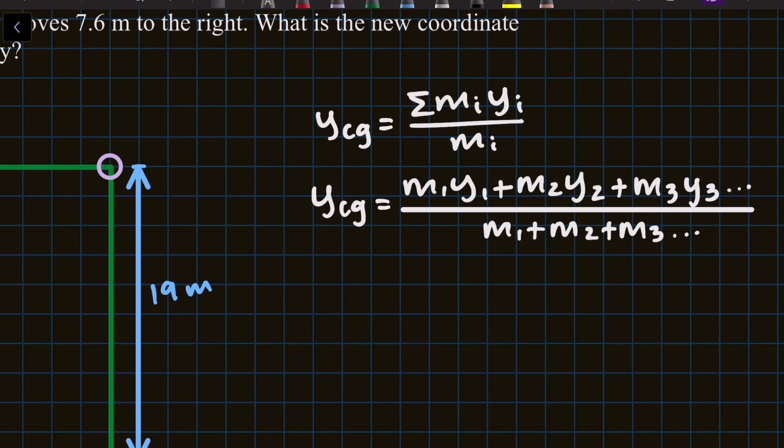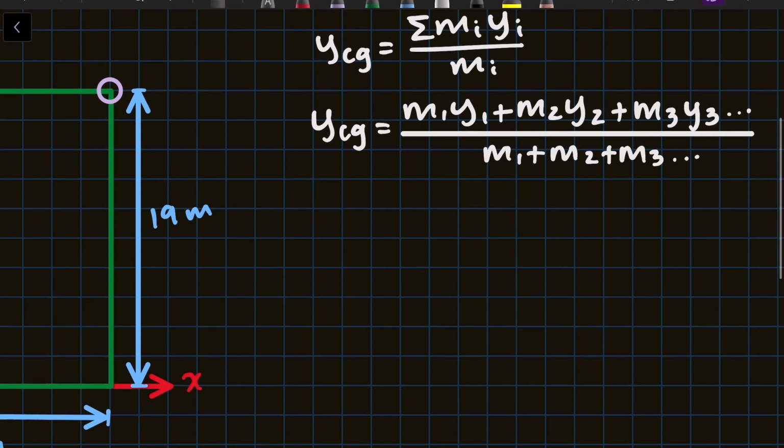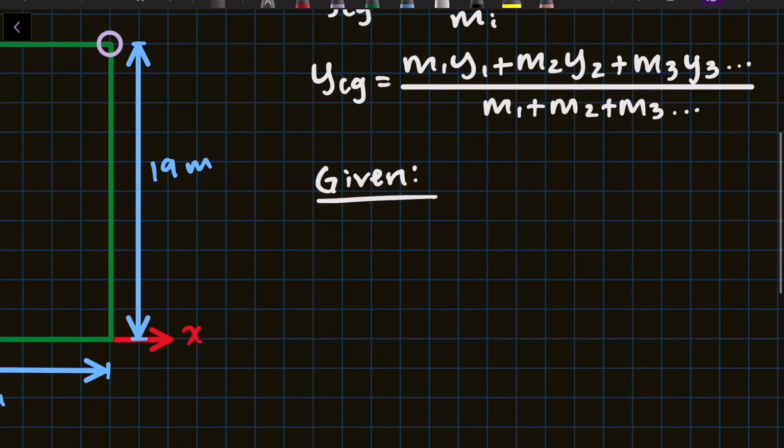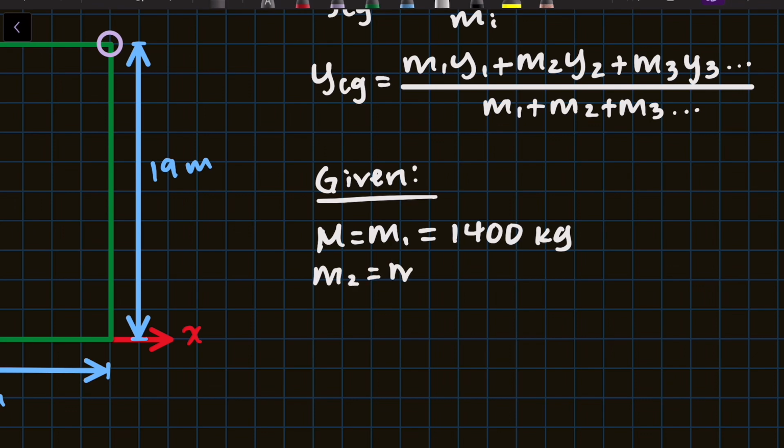Now let's write down what we know. That is the given. We know the mass of the dance floor. I'm going to call it mass 1 to keep consistency between my formula and the given. So capital M, I'll say is mass 1, and that is 1400 kilograms. Next, I know that the couples have the same masses, so mass 2 is equal to mass 3, which is equal to mass 4.